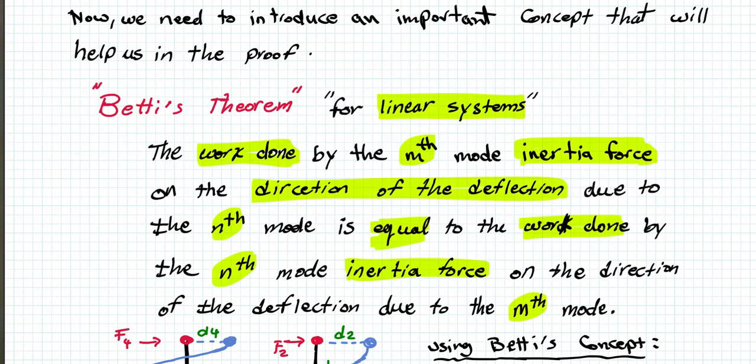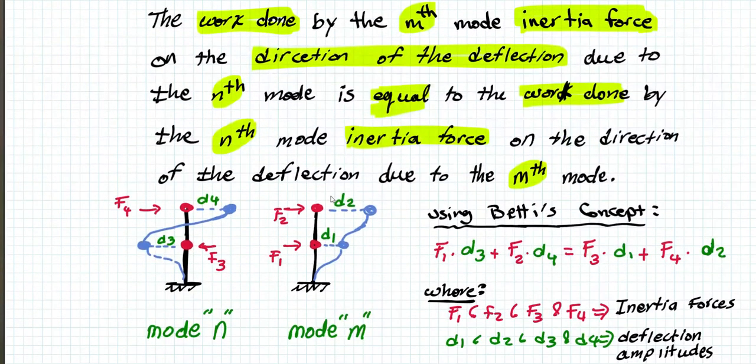We are going to understand these keywords more by giving this simple illustration. Assume that we have mode N and mode M. Let's assume that mode M is displaced with D1 and D2, at degree of freedom 1 and degree of freedom 2.